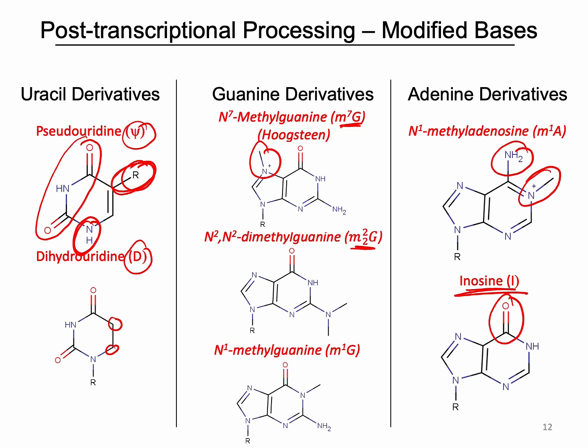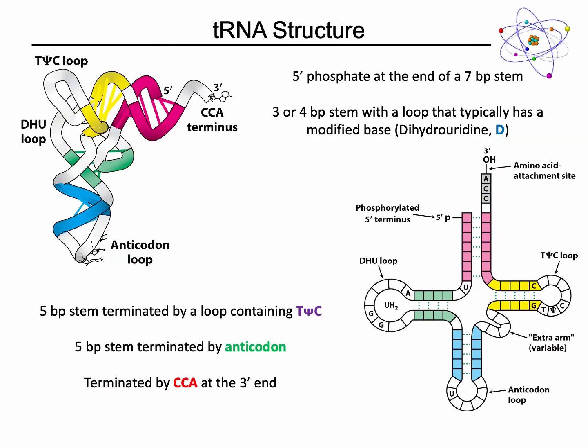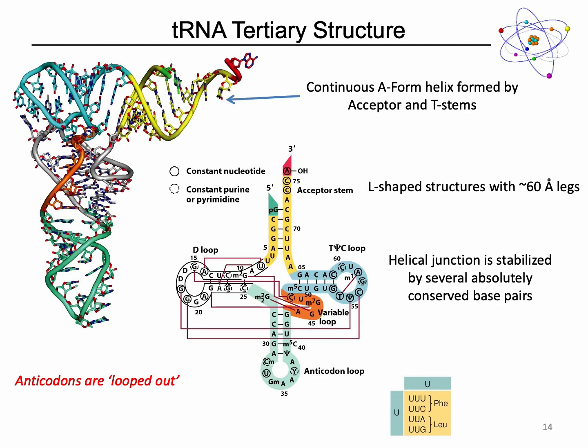So you can certainly imagine how these can impact pi stacking in some cases and hydrogen bonding in some cases. Okay, all of that's really relevant and important because they are incredibly important in maintaining the three-dimensional structure of our tRNAs.